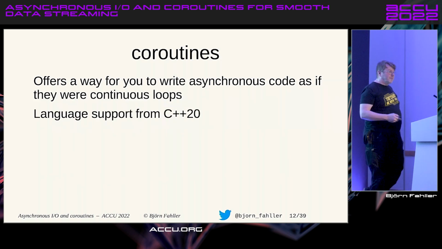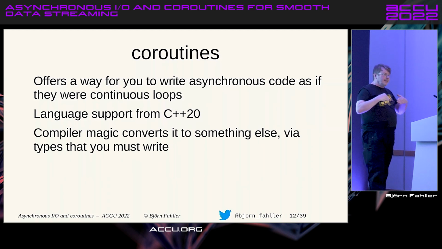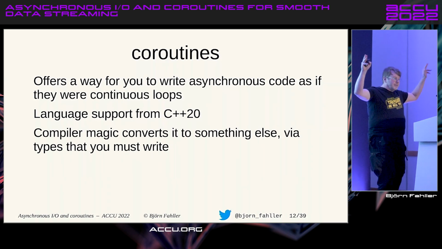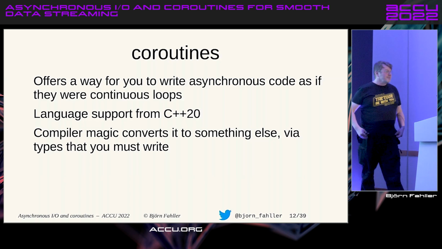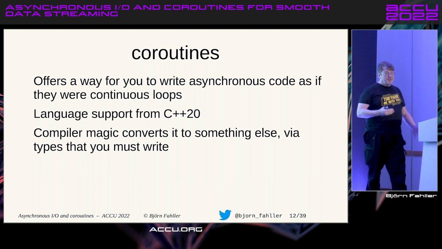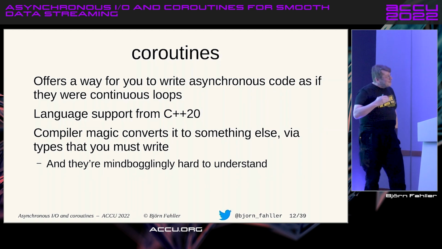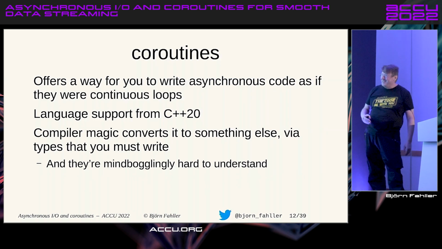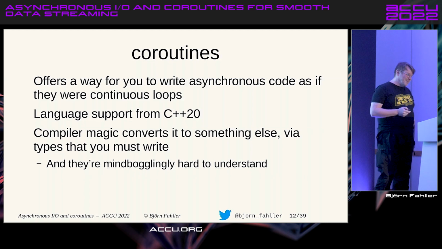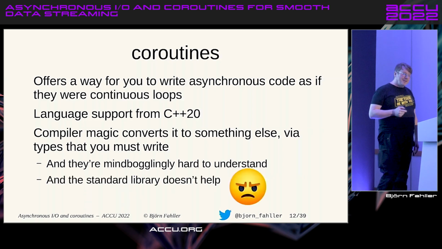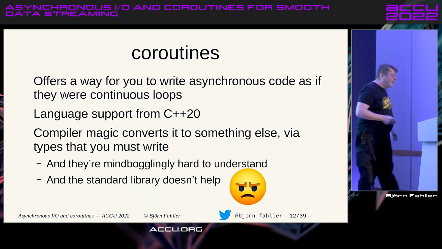We have language support from C++20, and compiler magic converts it to something else via types that you must write. And those types are mind-bogglingly hard to understand, unfortunately. And the standard library isn't of much help, unfortunately. Here comes the whining, okay?